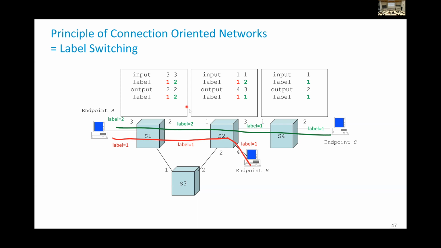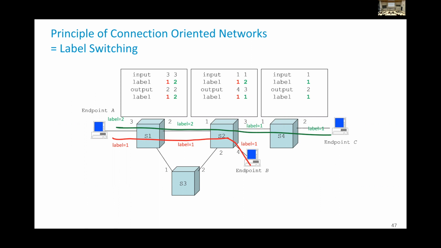Now, if we follow this, when we arrive at this switch, on input port 1, anything that comes with label 2 should go to output port 3 with label 1. Here we see that the label has changed.